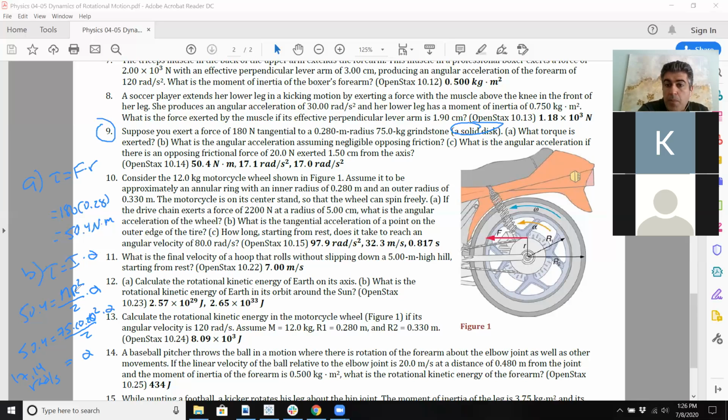So you need part A to do part B, obviously. And then part C asks whether there's a different solution if there's an opposing frictional force of 20 newtons. What you would want to do there is figure that your tau net is going to be a little different.